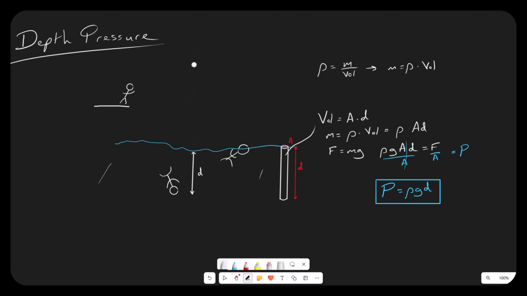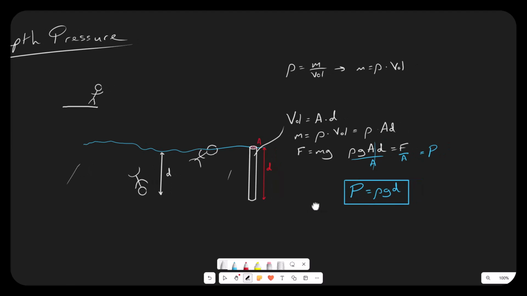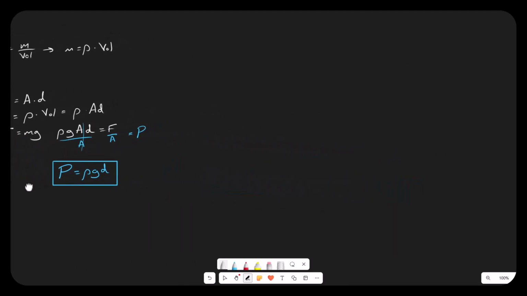Now there is one more issue. Anytime we're in the water here on Earth, if we are right here at a depth of D below the water, there is still the question of, is this all the pressure that we deal with?